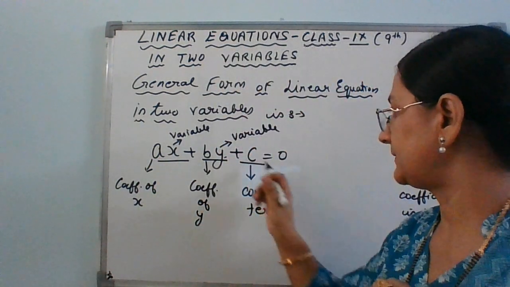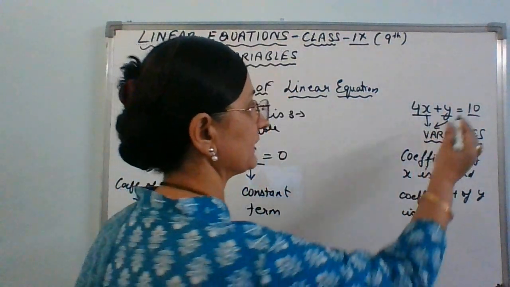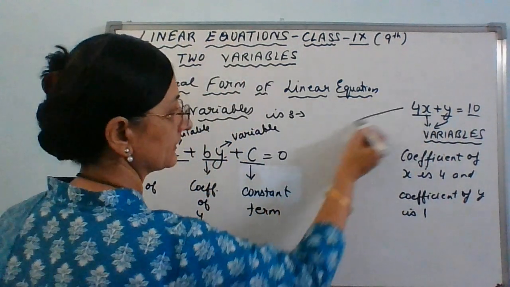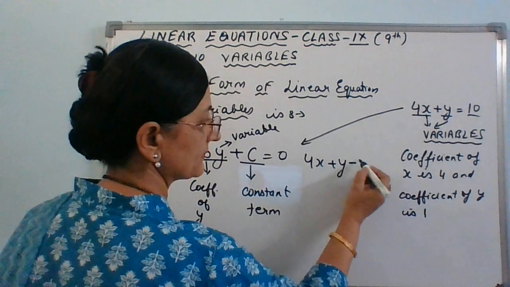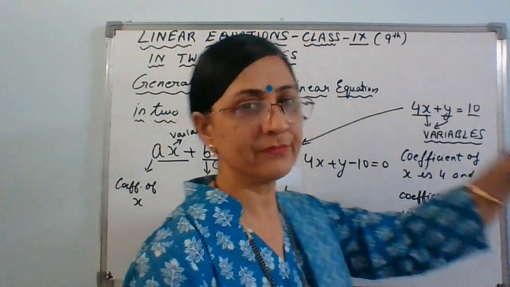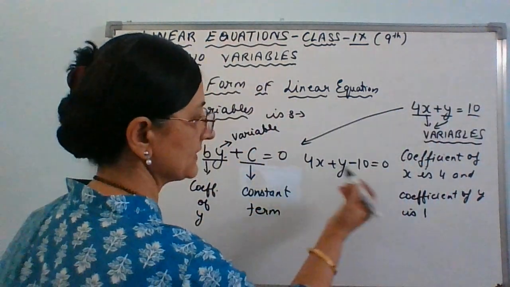Now there is a constant term c. Constant term means its value is fixed, doesn't change. So if I have to reduce this equation to the general form, 4x plus y, bring this 10 to the left side with a change of sign. When the numbers go from left to right and right to left, we have to change the sign. Here it was positive, now it becomes negative.